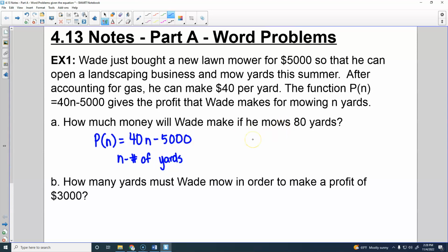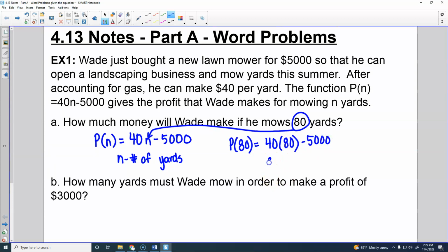So if we want to know how much he makes for 80 yards, even if we don't understand the situation, we just got to take 80 yards and plug it in for the variable that stands for yards, right? So if you want to use function notation, it would be P of 80. You're plugging in 80, but really you're just doing 40 times 80 minus 5,000.